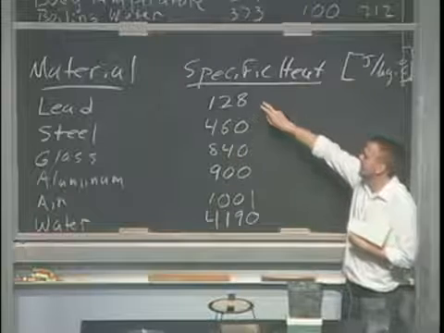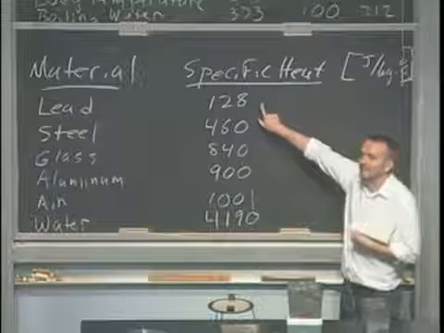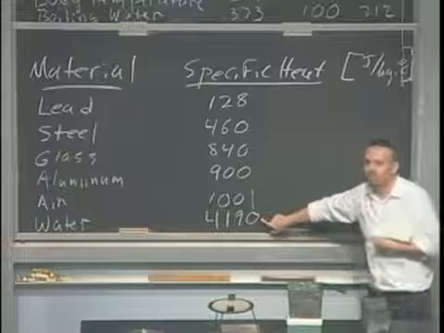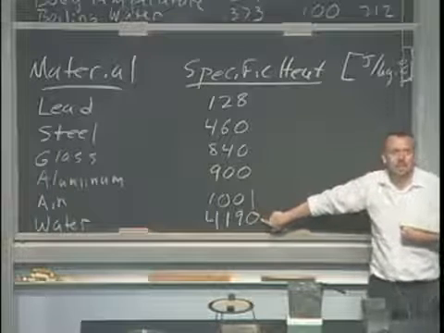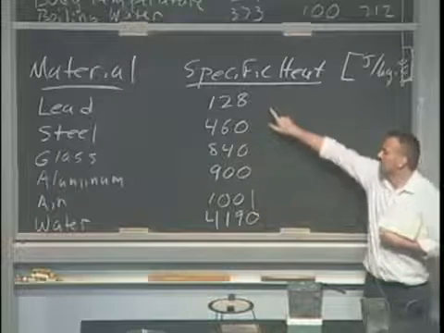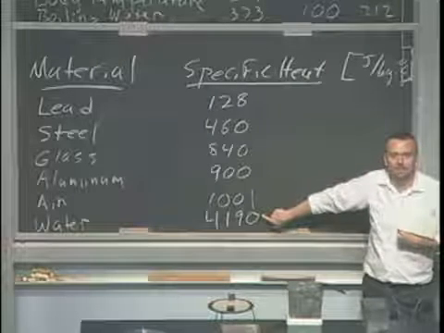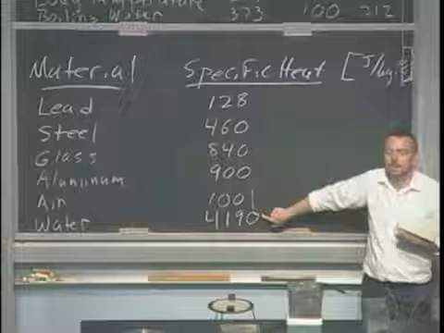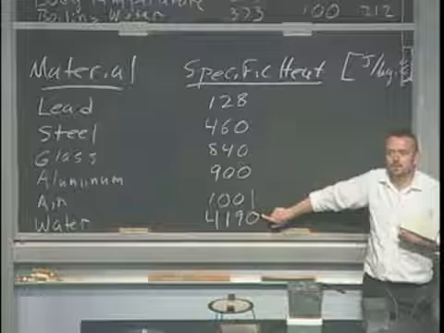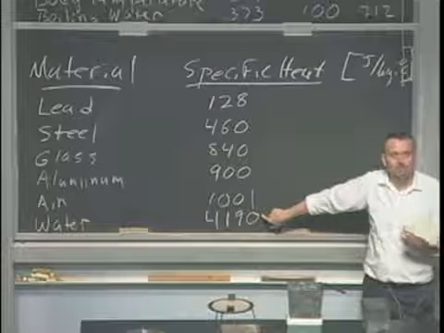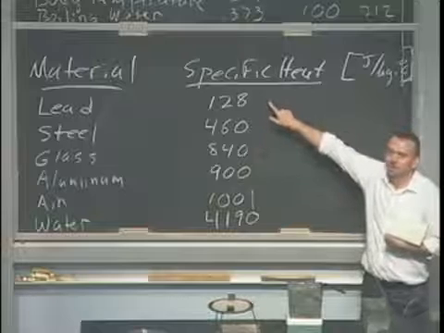For example, if you take a lead ball and drop it into water, then, for example, if we had a small lead ball and we dropped it into a big container of really hot water, say, then there's going to be a heat flow from the hot water to the colder lead ball.